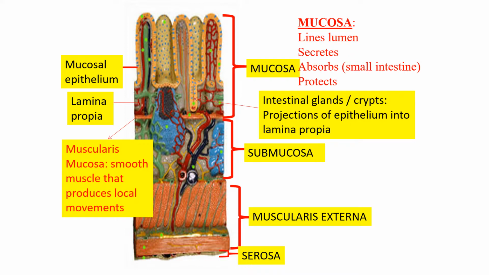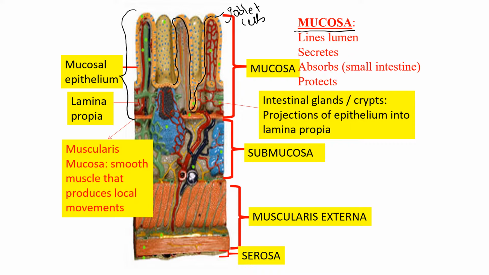You can see that the mucosa layer is depicted with the simple columnar epithelium lining the GI tract and the goblet cells as mucus-secreting cells found among the simple columnar epithelial cells.